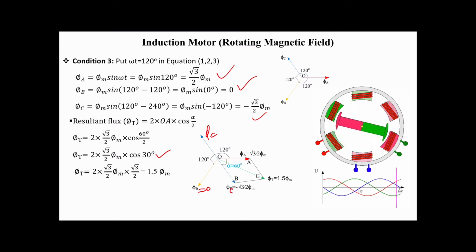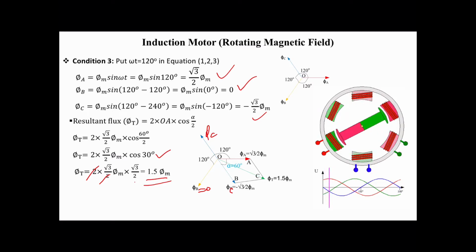So phi t is equal to 2 into root 3 by 2 phi m into root 3 by 2, because cos 30 is root 3 by 2. So 2 will be cancelled out. Root 3 into root 3 is 3, by 2 is equal to 1.5. It means the resultant flux is equal to 1.5 times the maximum flux.